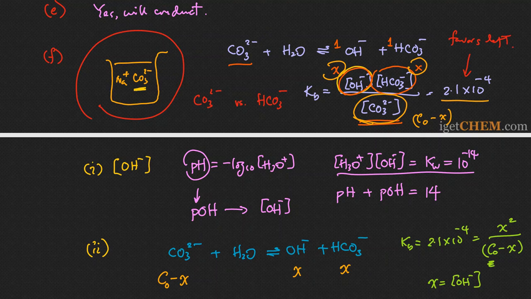So what that means is when this reaction reaches equilibrium, a lot of the CO3 minus is still undissociated or unreacted. So in the equilibrium mixture, you certainly expect much more CO3 minus than you would expect the product HCO3 minus. And that is simply because this is a weak base.